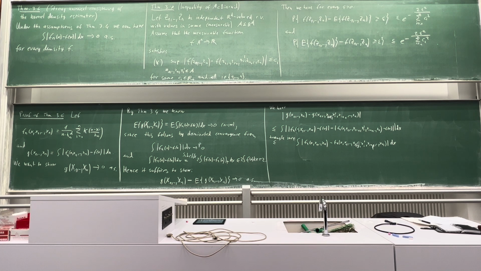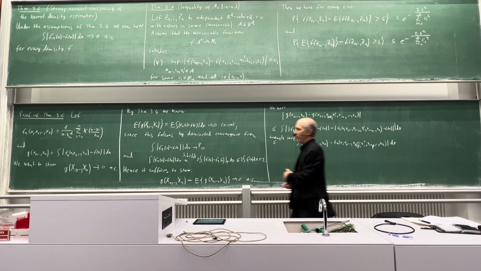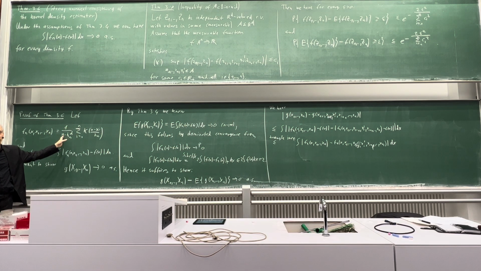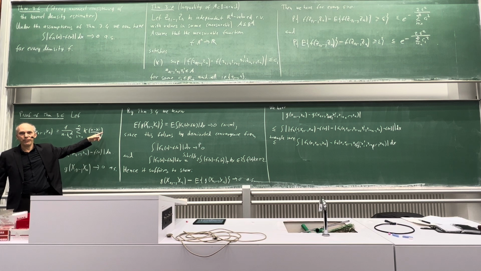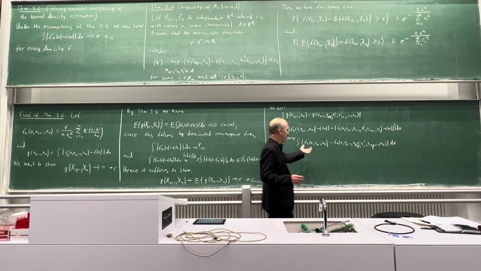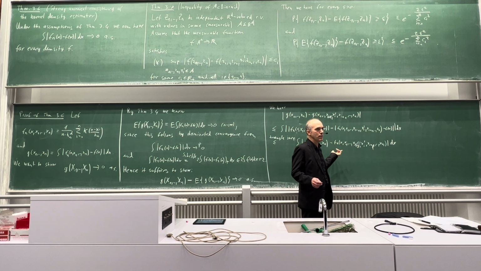Now when you look at the definition of fn of x, x1 to xn, that's the sum. If I replace in the sum xi by xi prime, then only one of the terms changes, and the rest of the terms cancel out. So there are only two terms left from the sum.